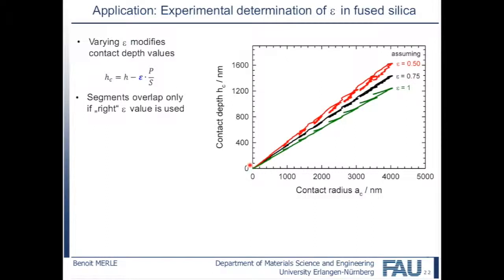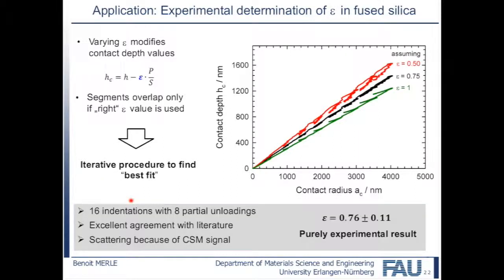Here is one single measurement performed in fused silica. That's an indentation with 8 partial unloadings, and it has been evaluated 3 times with 3 different values for epsilon. As you can see, the loading and unloading should overlap only if the right value of epsilon is used. So we extended this idea, performed more measurements, and performed a kind of best-fit procedure.